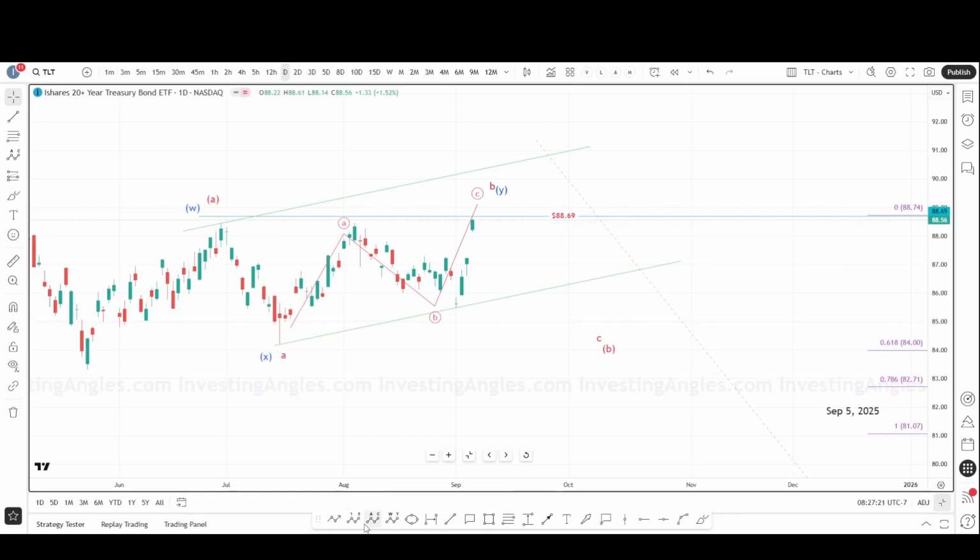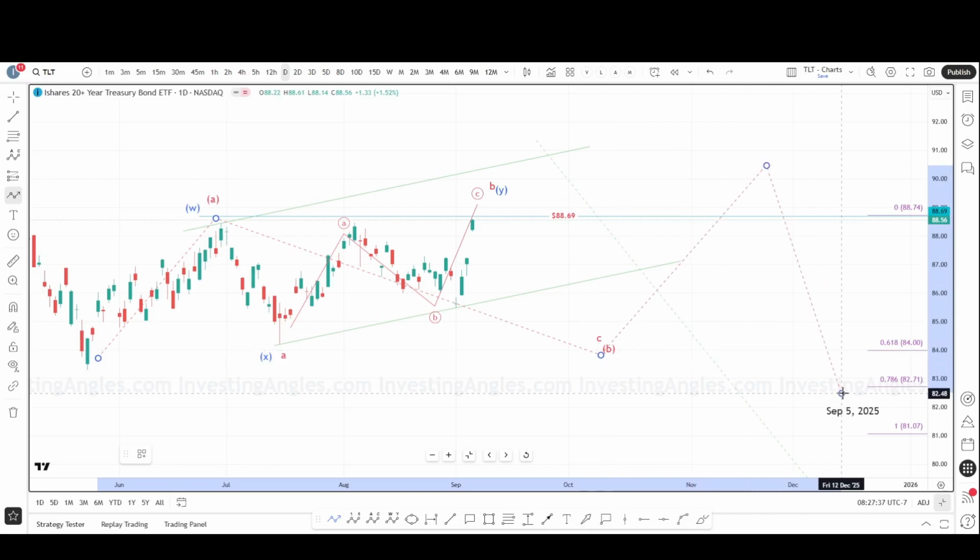And so maybe I'll put it so this was wave A. Now we are looking for wave B here, and potentially could be wave C before we look at the lower low.